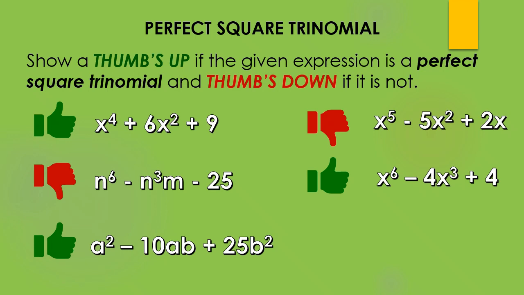Okay? How about the last one? m squared plus mn plus n squared. Is this a perfect square trinomial? The answer is thumbs down. It is not a perfect square trinomial because the middle term is not twice the product of the roots of m squared and n squared.